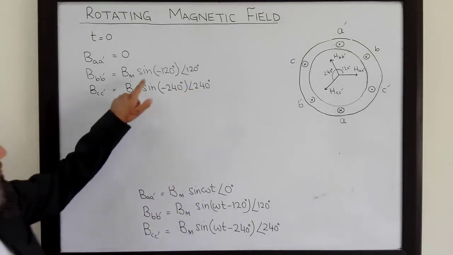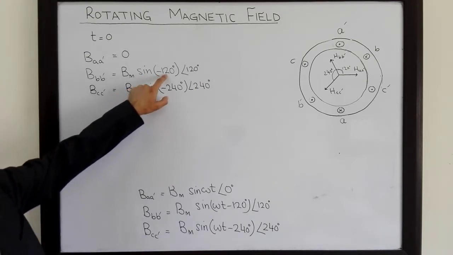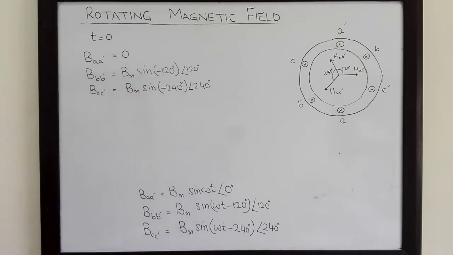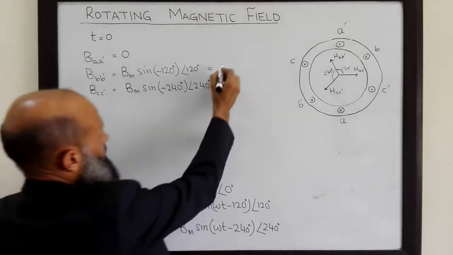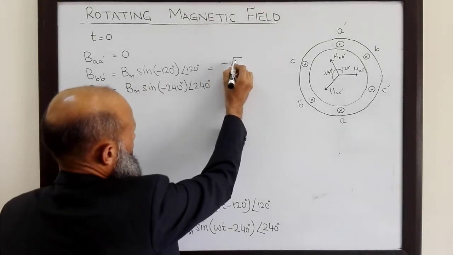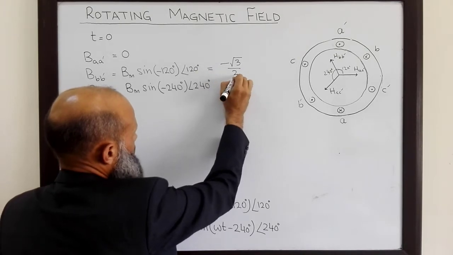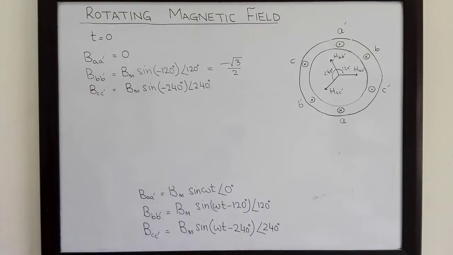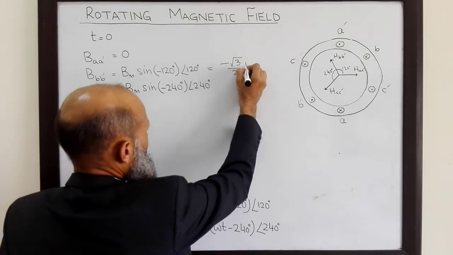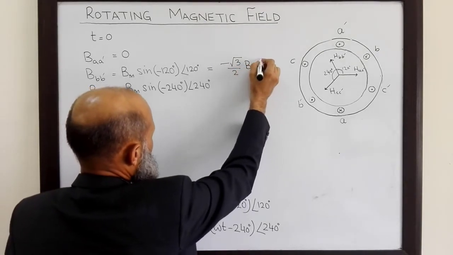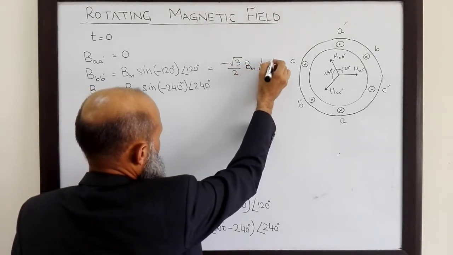What is sine of minus 120 degrees? That is equal to minus square root of 3 divided by 2 and multiplied by Bm, angle 120 degrees.